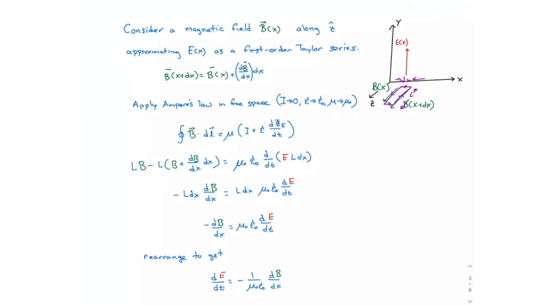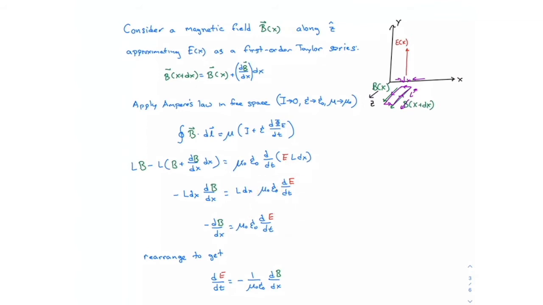So again, that cancels. This analysis looks very similar to what I just did for Faraday's law. But when the L dx cancels, what I'm left with on the left is minus dB/dx. And on the right, I've got this mu naught epsilon naught times dE/dt.